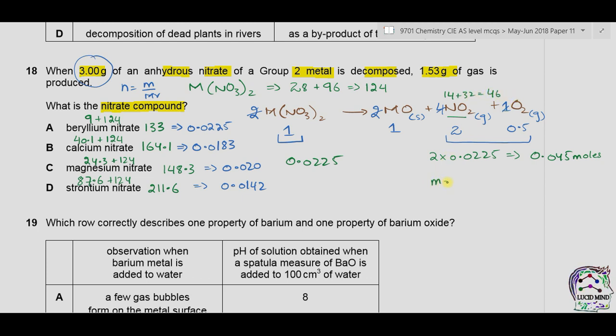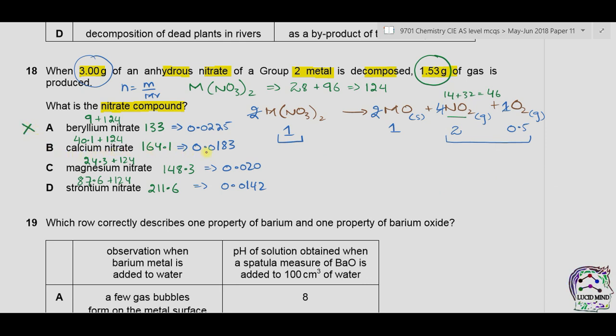So mass in grams is equal to moles into Mr, as moles is 0.045 and molecular mass of NO2 is 46. So mass in grams comes equal to 2.07 grams. As the combined mass of these two gases was given as 1.53, it is less than our value, so it means it is not beryllium nitrate.